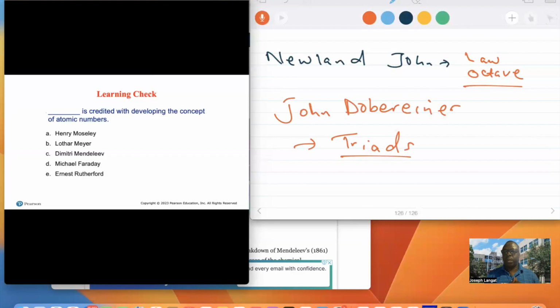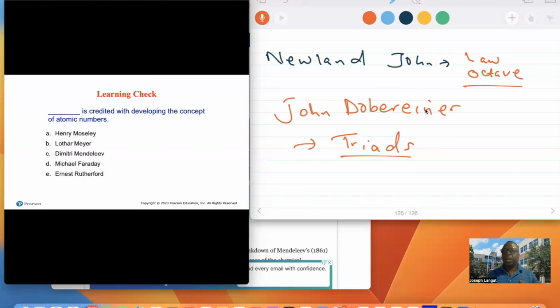They react the same way, 3 of them. He didn't make a breakthrough. So these two, they didn't make any significant contribution as such, but you need to know their contribution towards the development of the periodic table, apart from Henry Moseley.